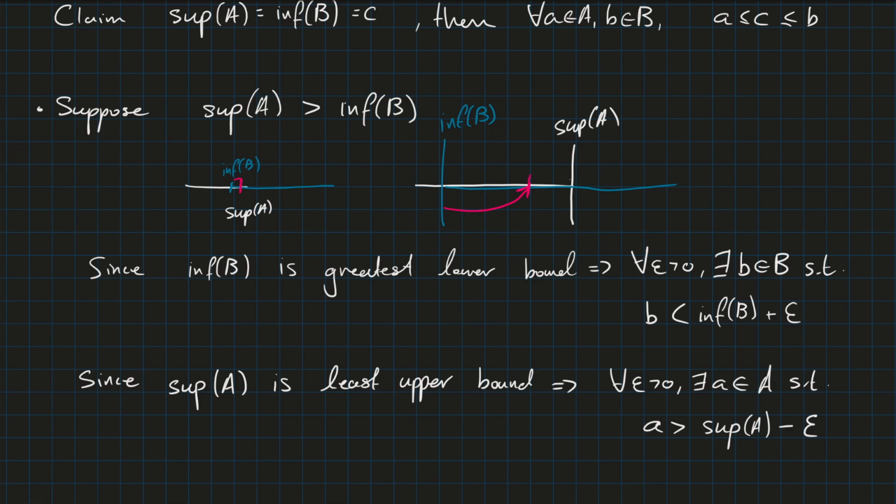And that's a problem, right? So if I find an element of B in here, let's say I find some b prime, then what that means is that from the other side, the supremum side, I can maybe go this epsilon amount down, and I can find some a here, maybe a prime.